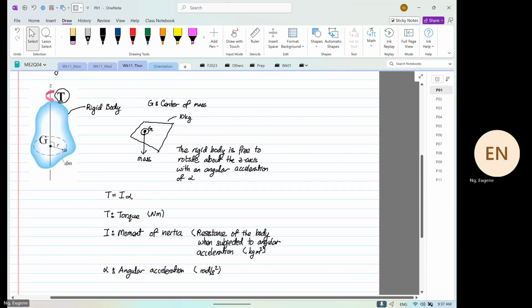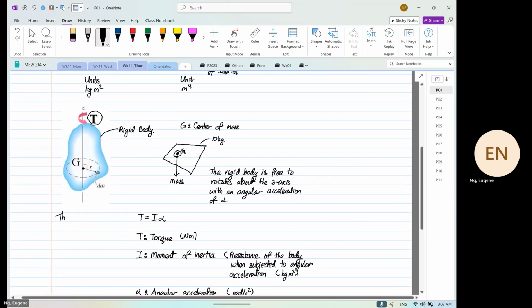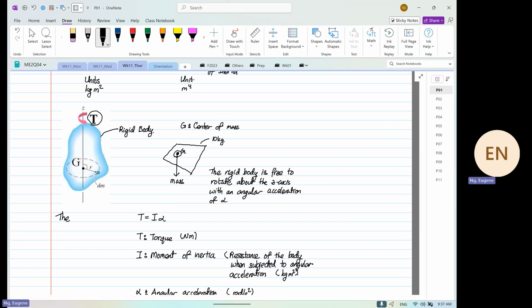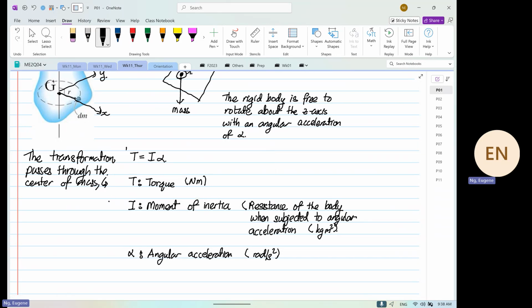Now what you see down here in this diagram, the axis passes through the center of gravity or center of mass, G. If I were to draw the axes, this will be our X, and this will be our Y. Over there will be our Z. So you can see that we have written torque in this form.